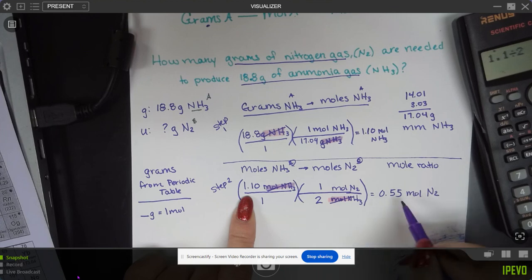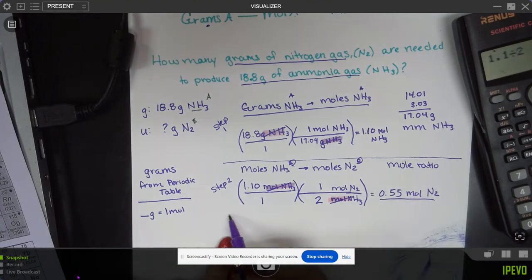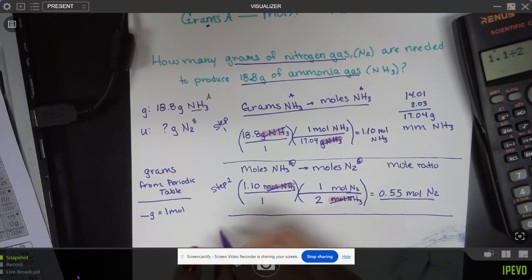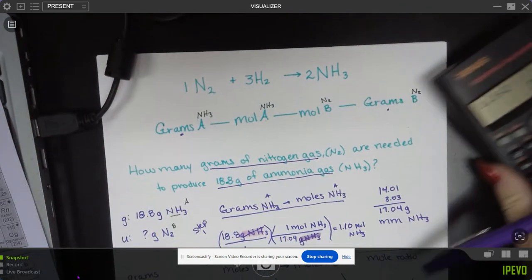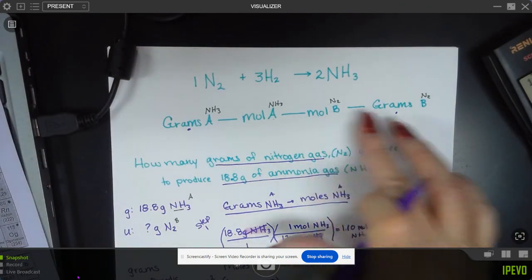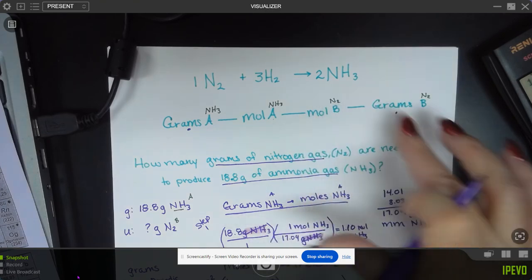So that's step 2. Step 3 is going from moles of B to grams of B, so moles of N2 to grams of N2.